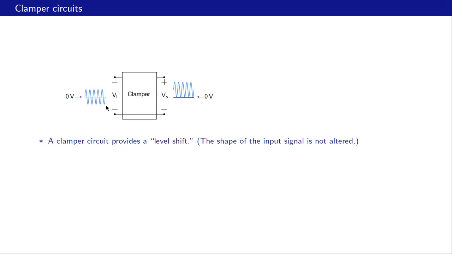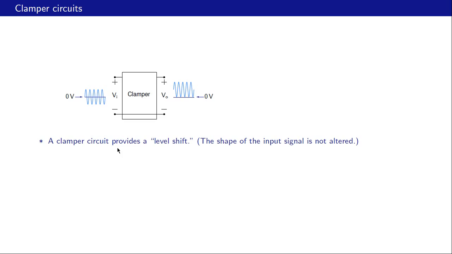So this input waveform has got shifted up, and now the lowest value of this output voltage is 0 volts. In other words, the output voltage has got clamped at 0 volts, and that is why this circuit is called a clamper.